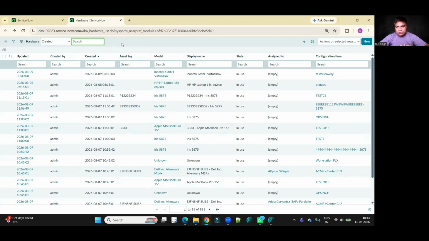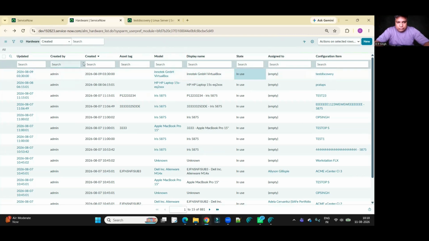Now, how are these records populated? These records are populated in a number of ways. This table is populated by manual effort, by some automation, or by discovery. So there are n number of ways by which we can add an asset in the asset table.